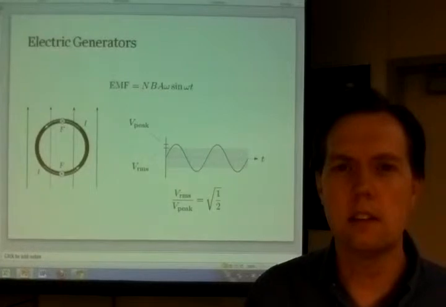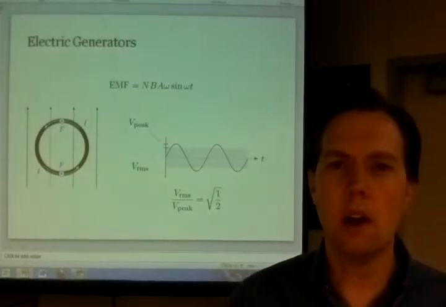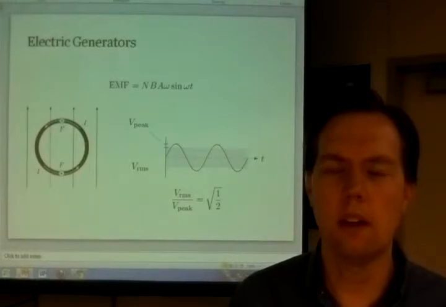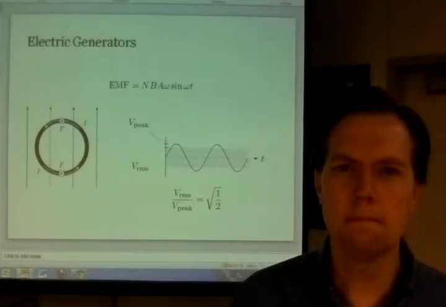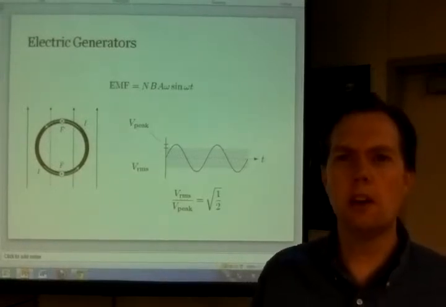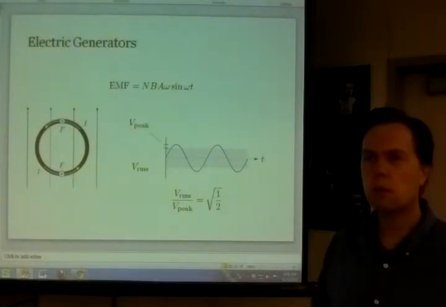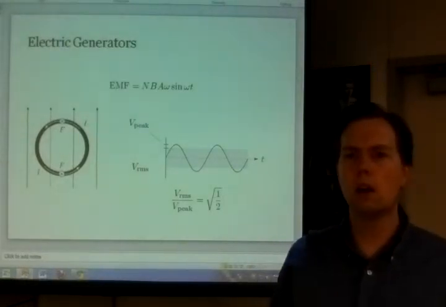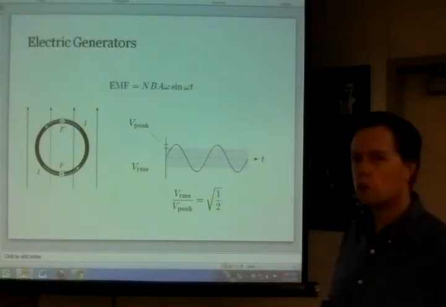These AC to DC converters can be quite complex, but they are essential to pretty much everything we're using. So just a little bit of nomenclature on alternating current before we really dive into that. That will be the next lecture, in which we talk a lot about how AC electronics work.